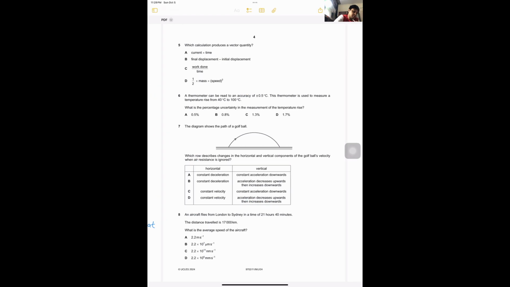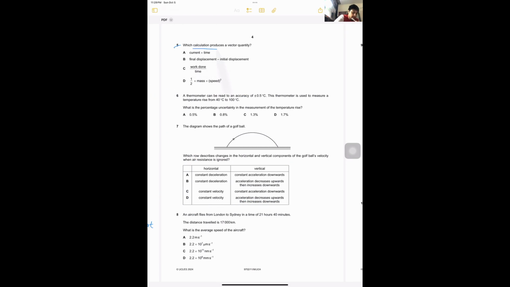Question 5, which calculation provides a vector quantity? So current into time: we know that current equals charge per unit time, so charge is it, but charge is not a vector quantity, so that is wrong.